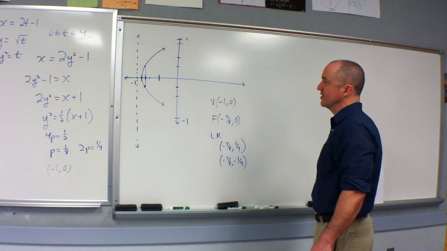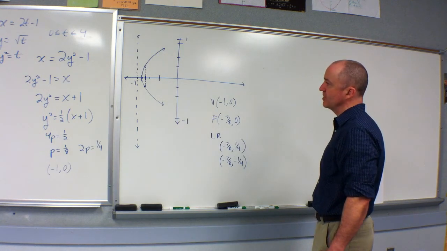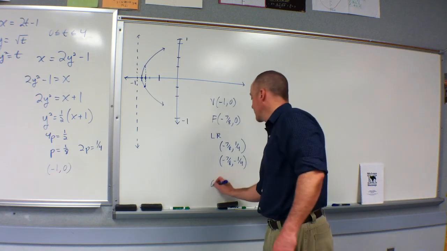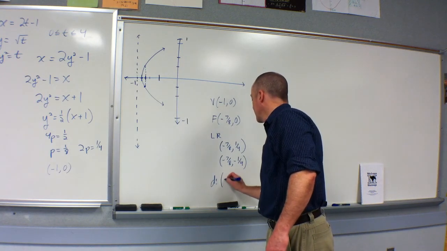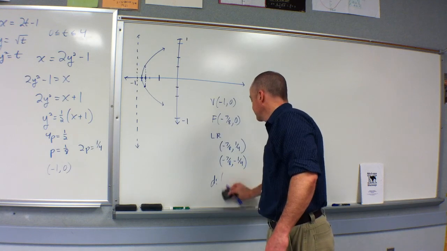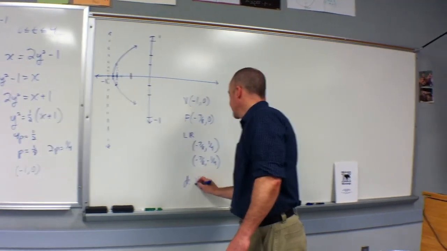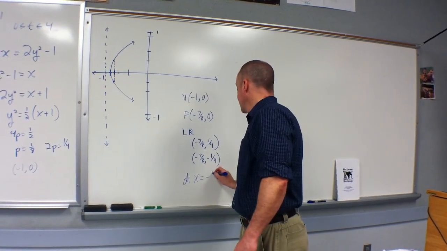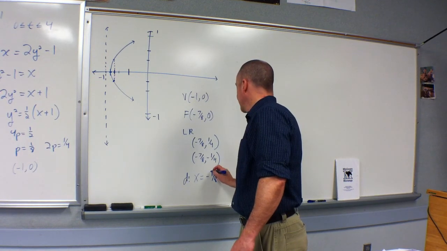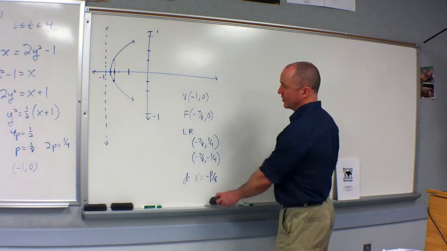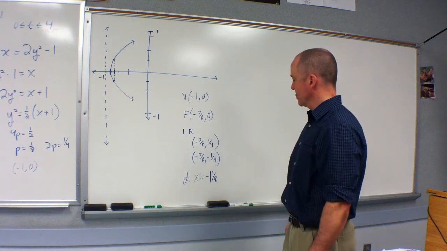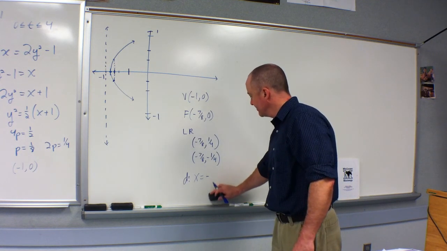Since the focus is on the x-axis, it just goes up and down the same amount. And the directrix has the equation x equals negative 1 and 1/8, correct? 1/8 further to the left. I can write that more clearly.